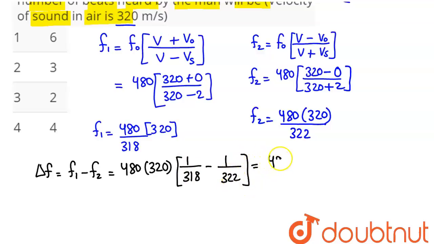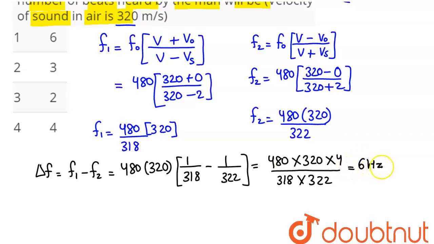On simplification this comes out to be 480 into 320 into 4 divided by 318 into 322. On calculation, this comes out approximately as 6 Hz. So the number of beats heard will be 6 Hz. So 6, that is option number 1, is the correct answer. So we have 1 as our answer.